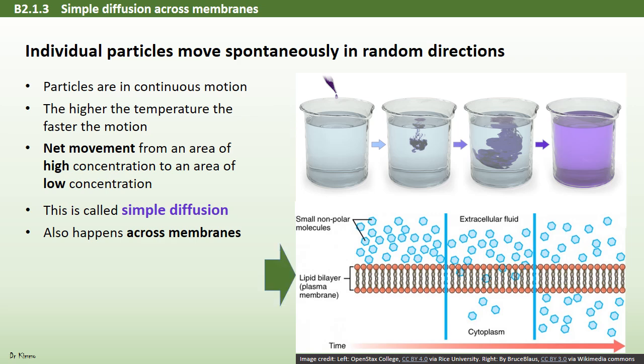Now, this illustration shows how small nonpolar molecules in the extracellular fluid, so outside the actual cell, pass through the membrane spontaneously, and they move into the cell because the concentration is higher outside than inside, and over time they will move into the cell until the concentration is the same outside and inside.